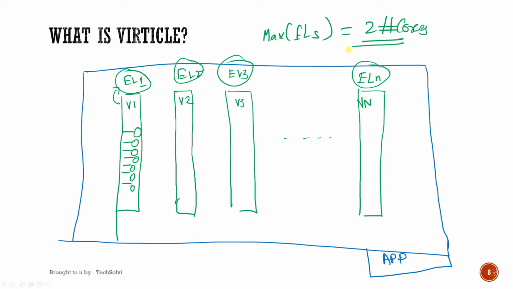Apart from this, one thing we should keep in mind is that every verticle is associated with a dedicated event loop, as it is responsible for managing all the different events defined within the verticle.